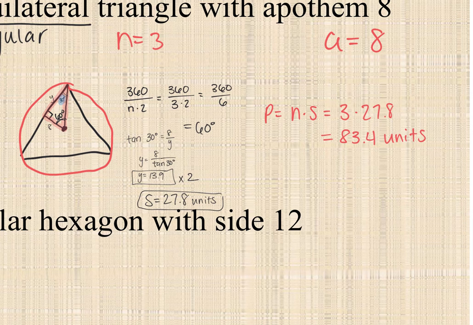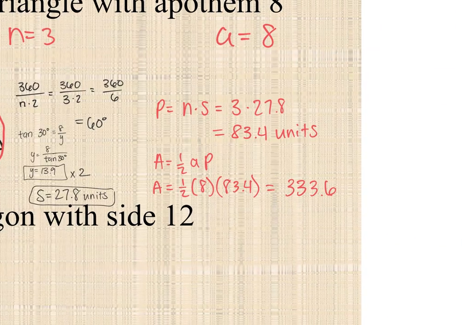And the area will be 1/2 apothem times perimeter. So the area will be 1/2 times the apothem, which was 8, times the perimeter, which was 83.4. That gives 333.6 units squared.